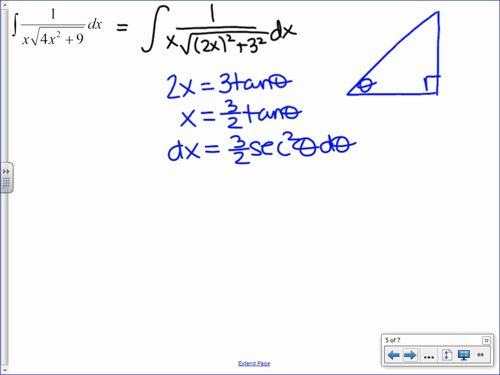If this is theta, our tangent ratio is this. So what's the opposite? 2x over 3. So I would put this as 2x, this as 3, which makes this the square root of 4x squared plus 9.